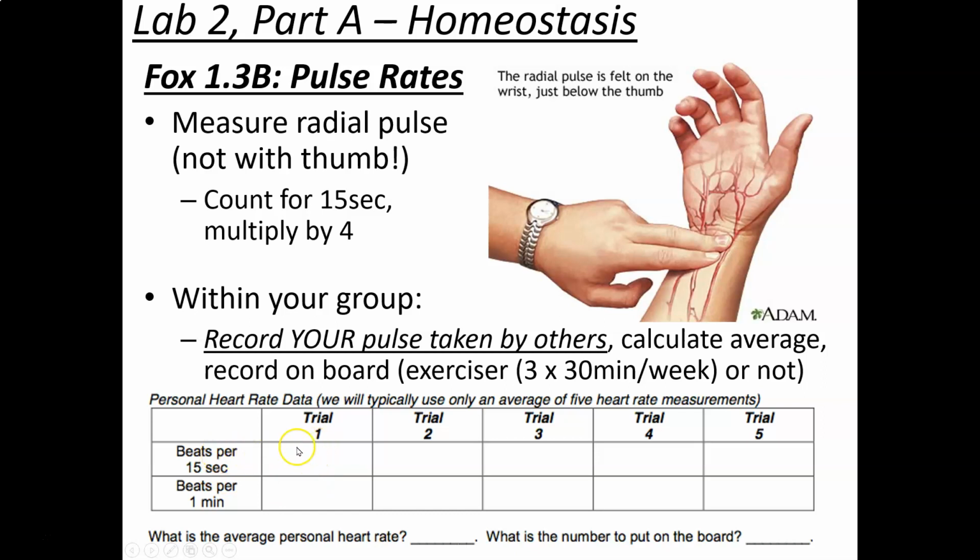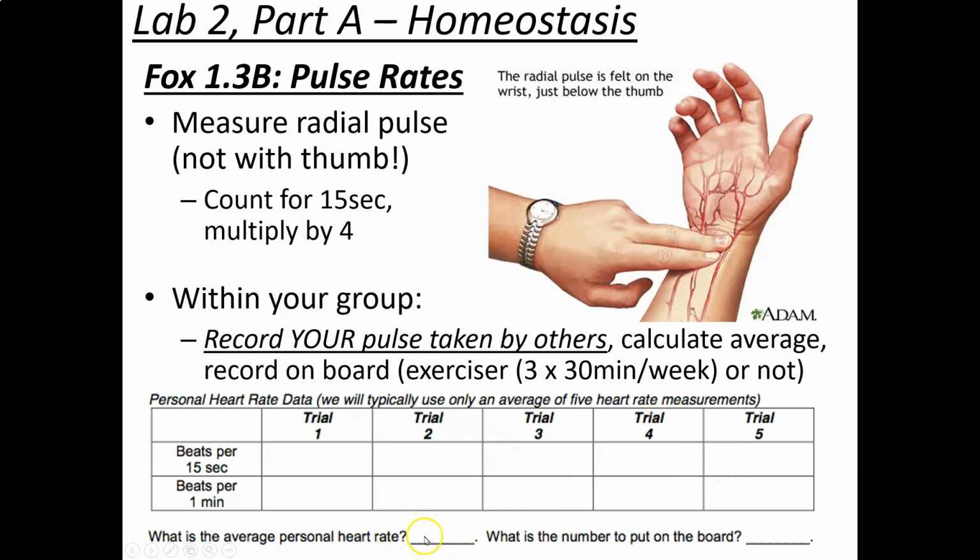Measure how many beats it is in 15 seconds, put that number here, and then the per minute, just multiply by 4. So let's say you got, the first time, 15 beats. 15 times 4 is 60. Then you got 17 here. That would be 68, and so on. And you just put all of them here.